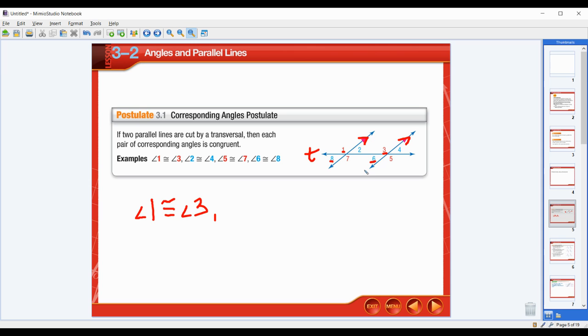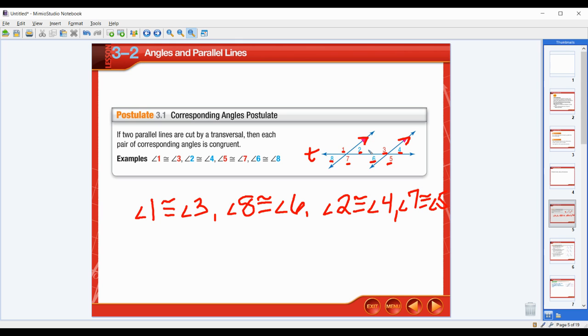Angle 8 would be congruent to angle 6. Likewise, angle 2 is going to be congruent to angle 4, as well as angle 7 and angle 5. So you can see these angle relationships here.